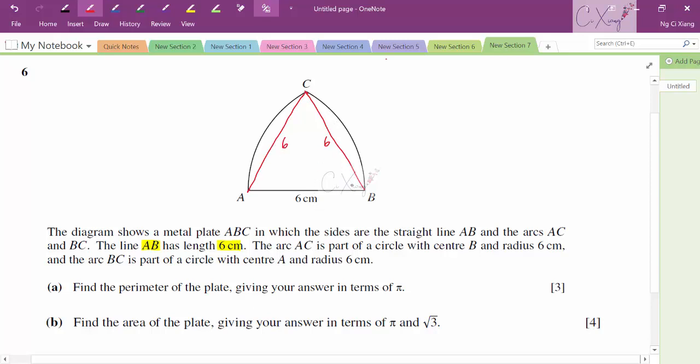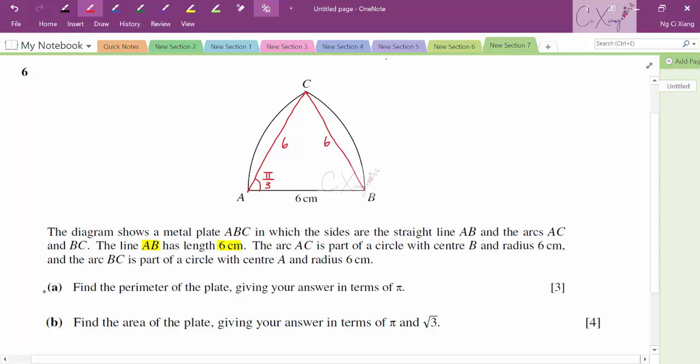So from here you can see that this triangle ABC is actually an equilateral triangle, and that gives us an idea that all the angles inside the triangle should be the same, which is 60 degrees, or you can write it as pi over 3. So every single angle inside the triangle ABC will be equal to pi over 3.